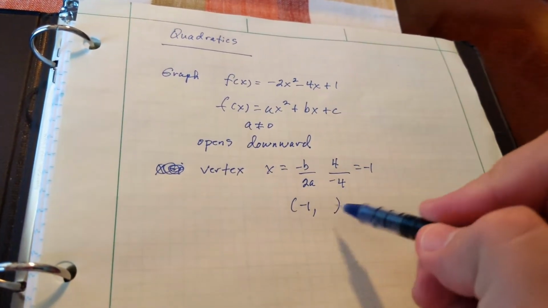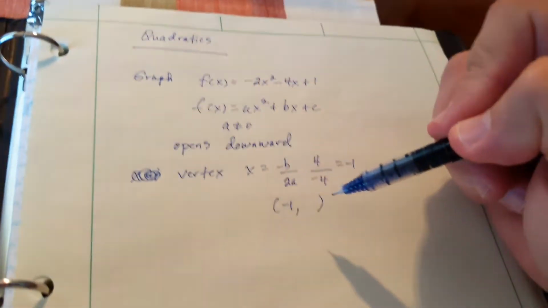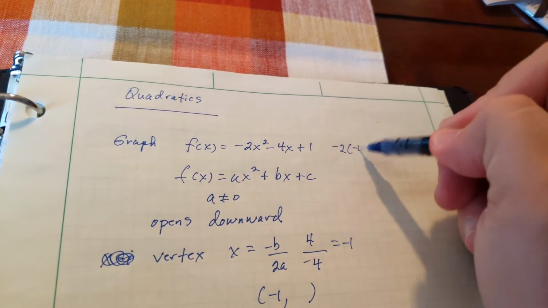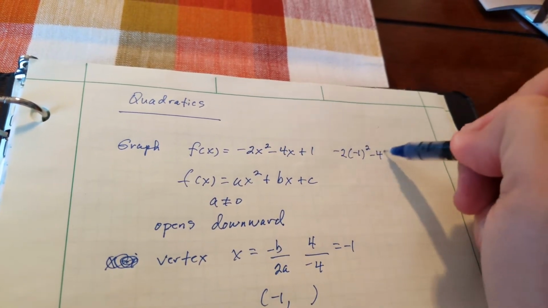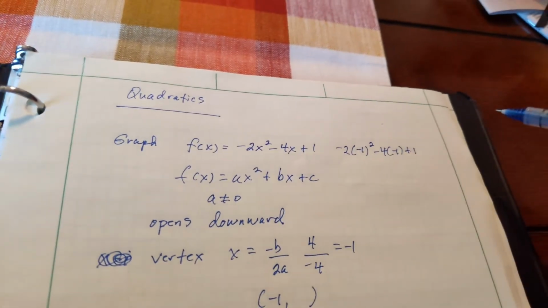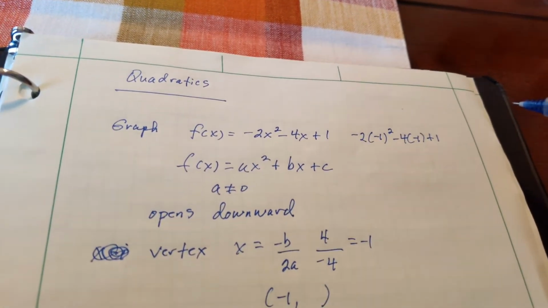So the vertex has an x value of -1. Now to find the y value, what we're going to do is come up here and put that -1 into the equation. So that's going to be -2 times -1 squared minus 4 times -1 plus 1.